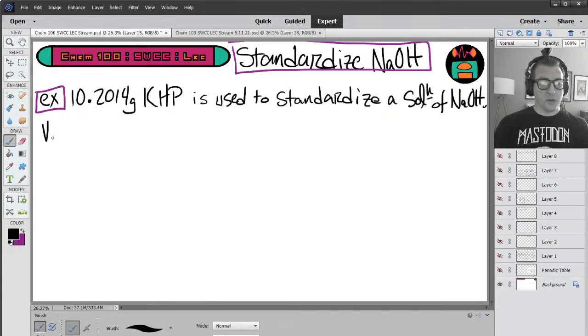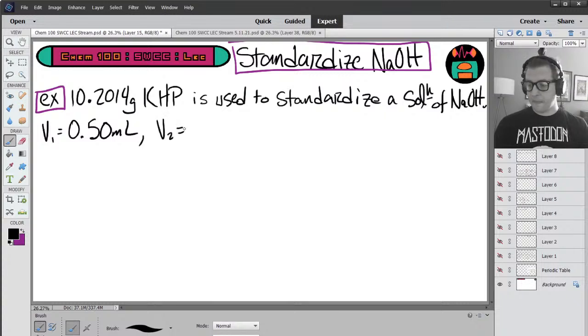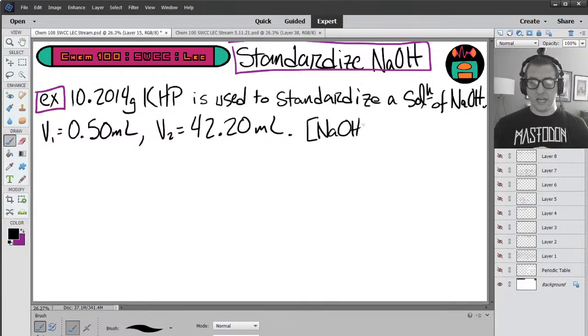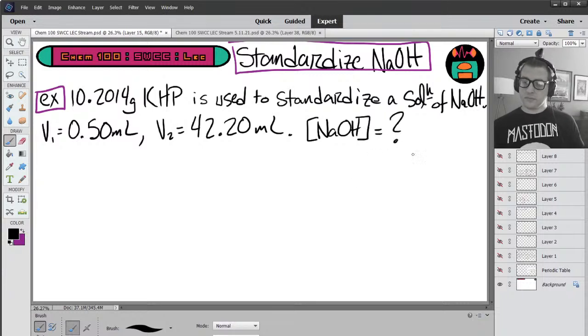The initial reading on the burette was 0.50 milliliters. The final reading on the burette was 42.20 milliliters. Determine the molarity of sodium hydroxide. All right, so we have to calculate this situation.